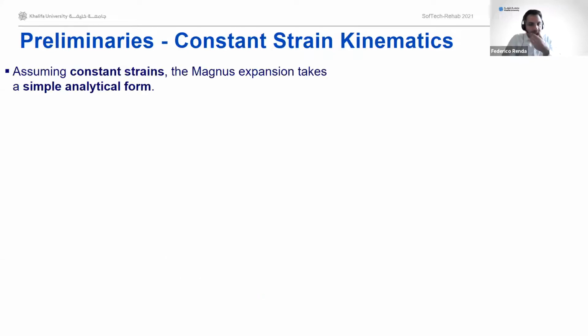So let's start with the constant strain case. Why do we do that? First of all, because this is exactly the case we have for a rigid body. In our formulation, a rigid body always has constant strain, and this strain is equal to the joint screw. And also it introduces some quantities that are useful later on also for the general variable strain case.